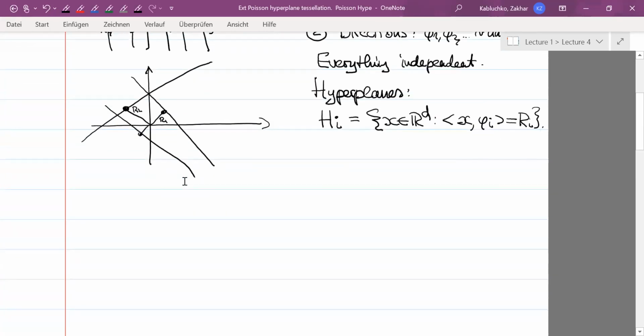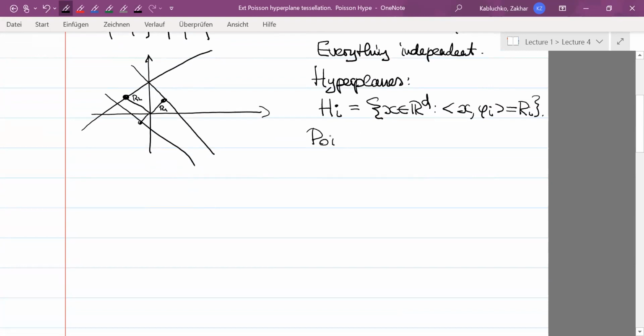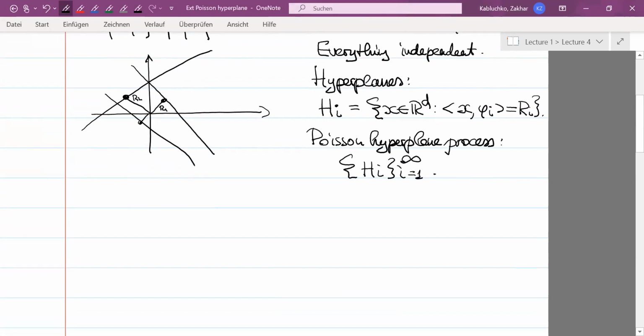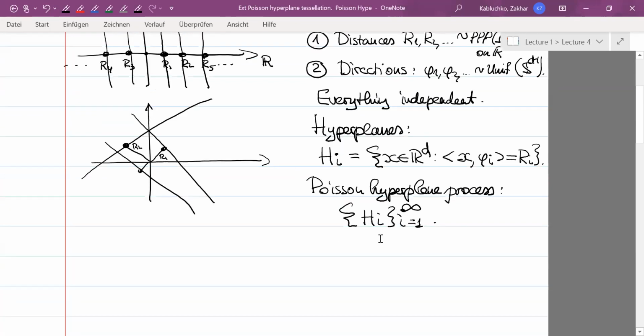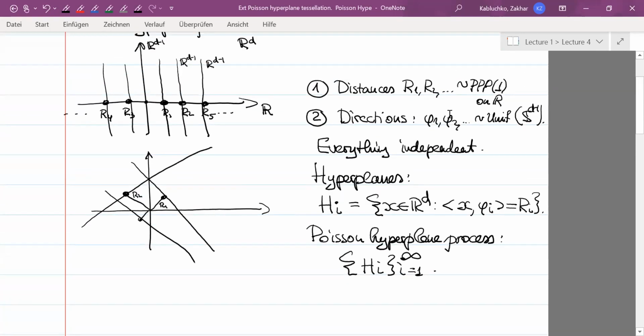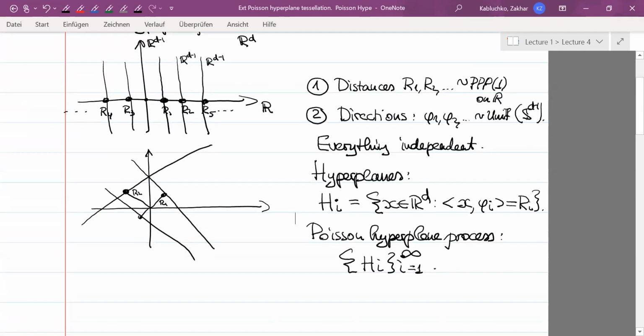And now the Poisson hyperplane process is then the collection of hyperplanes Hi, i from 1 to infinity. This is called Poisson hyperplane process, and if we choose phi1 to be uniform on the sphere, it is called isotropic.